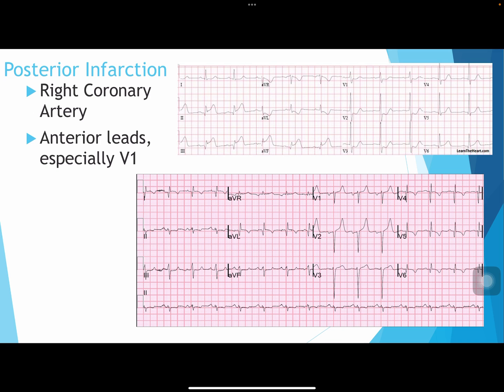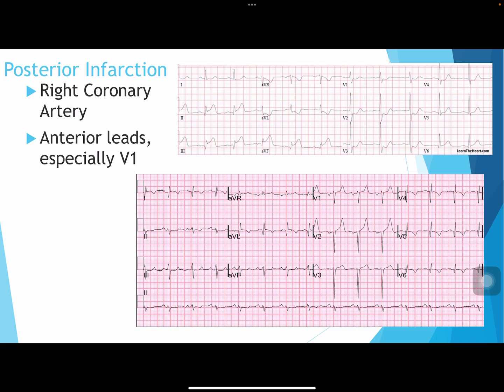So this involves the posterior surface of the heart and is usually caused by the occlusion of the right coronary artery. Posterior infarctions, they rarely happen by themselves, but they usually accompany like an inferior infarction, lateral infarction. So it usually goes hand in hand. So that's why the EKGs can be a little bit harder to read.